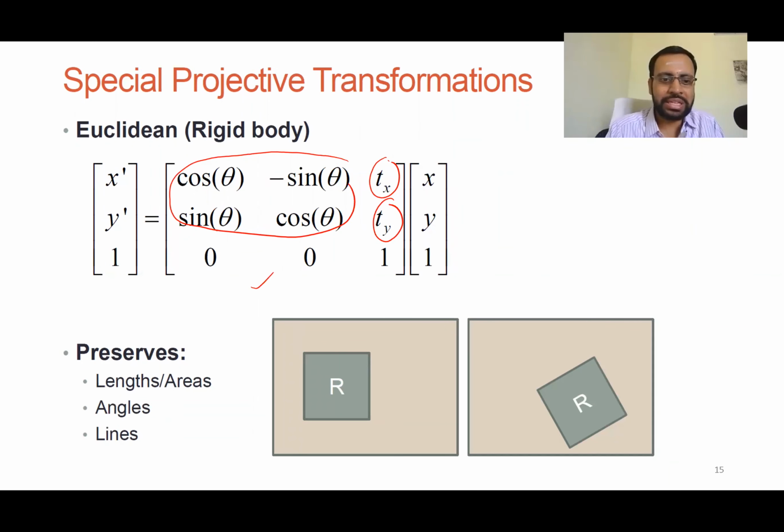By the way, let's also look at some properties here. The moment you apply a simple translation, if you look at the lines in the original object, the orientations are also preserved. The moment you apply a rotation plus translation, the lengths and areas of the lines are preserved, the angles between the lines are preserved, and of course lines remain lines.